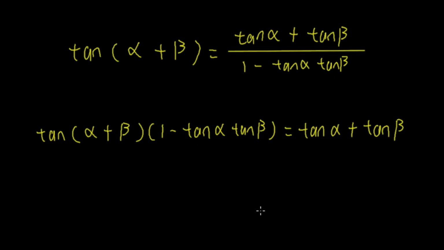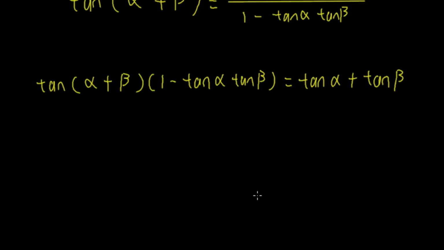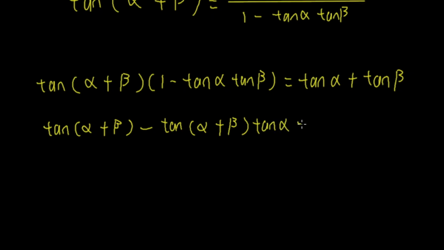Next, distribute this. So we have tan alpha plus beta times 1 is equal to this, minus tan alpha plus beta times tan alpha tan beta is equal to this side.